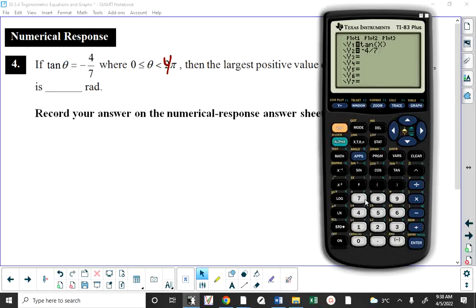Well, why don't I just go to my window setting right now and change this from 0 to 4 pi? Everything else really doesn't matter. When I graph it, here comes the tangent function, which you should be familiar with from yesterday. Here comes -4/7.